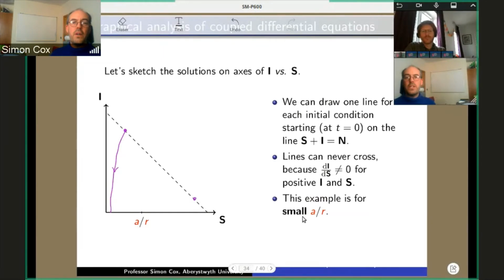You can see that if I start with large S, much greater than A over R, I'm going to increase the number of infected individuals greatly before we get to so few susceptible individuals that the number of infected individuals starts to decrease. So if A over R is low, we have a large epidemic. That's the message.